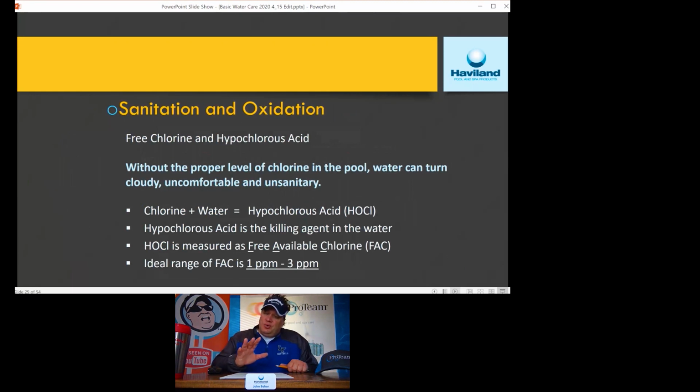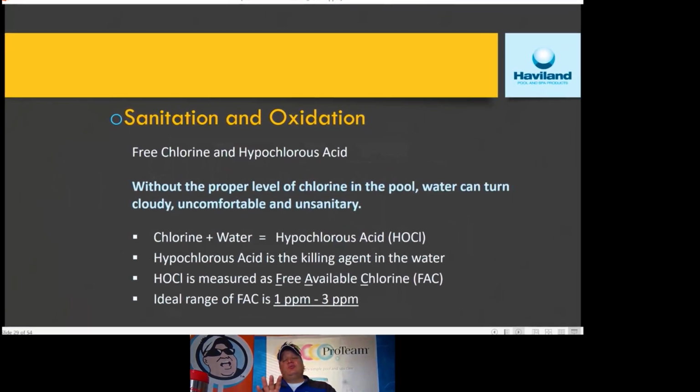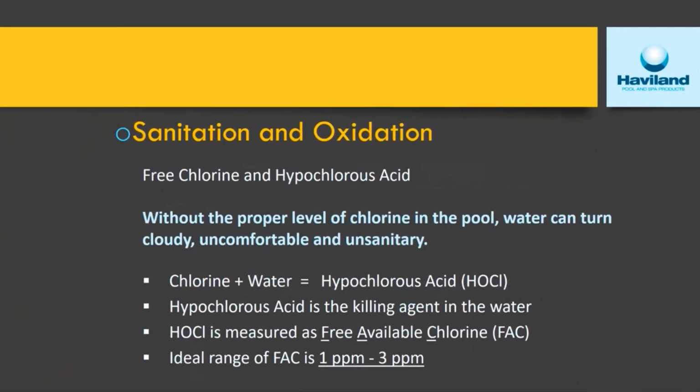But here's a little tidbit I will give you. I prefer to bump you up towards that higher side of ideal, because at no point do we really know what the demand in that water is. So you're running at a 1 part per million chlorine count.